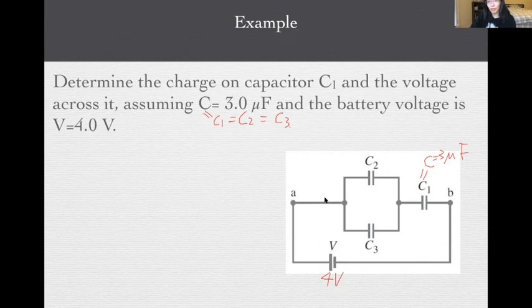Let me simplify this first. Okay. So I know these two are parallel, so I'm going to simplify this parallel part first.